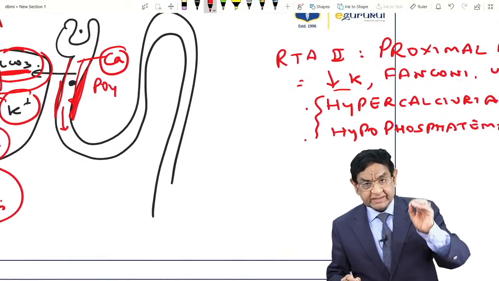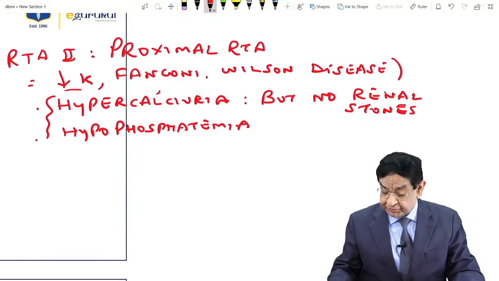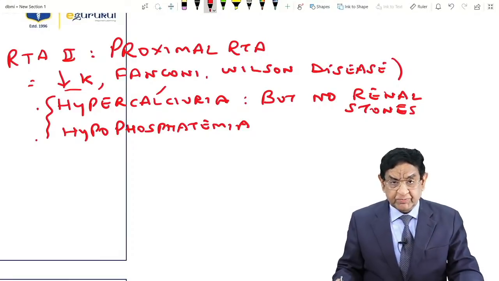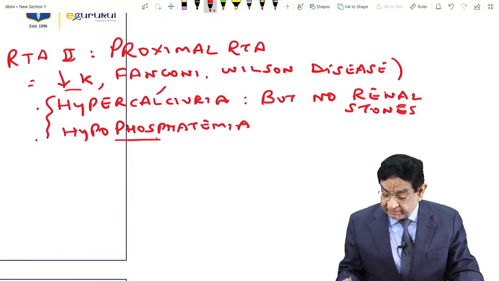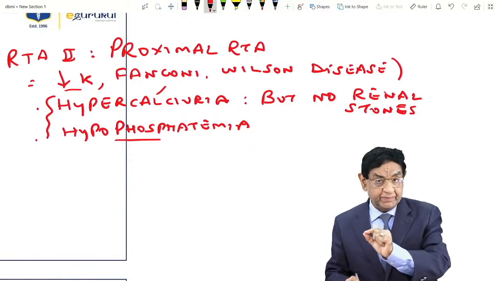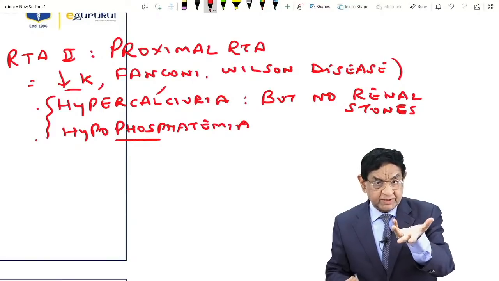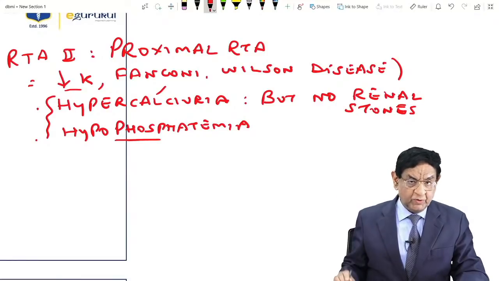A large amount of calcium and phosphate goes out. That's why there is hypercalciuria. And the phosphate is going out of the body. So in the serum, phosphate level will be reduced, hypophosphatemia, because a large amount of calcium is going out in the urine, and phosphate is going out. In the body there will be a low phosphate level.